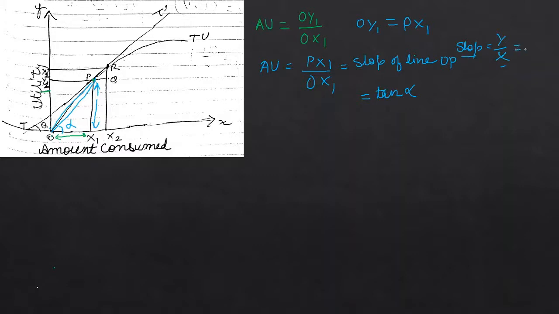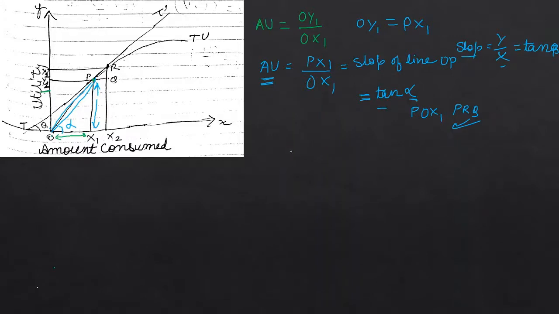Slope of a line is equal to y upon x, and also equal to tan of the particular angle which the line makes from the origin. So average utility is the ratio PX1 upon OX1, or the slope of the line OP, that means the slope of the line starting from origin to the point P, and trigonometrically this is equal to tan alpha, where alpha is the angle POX1, or it is similar to PRQ. So this is the angle.